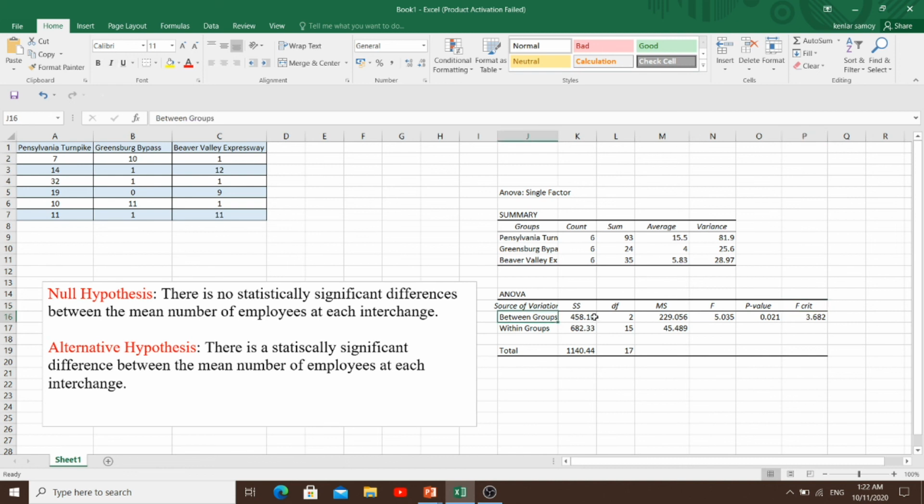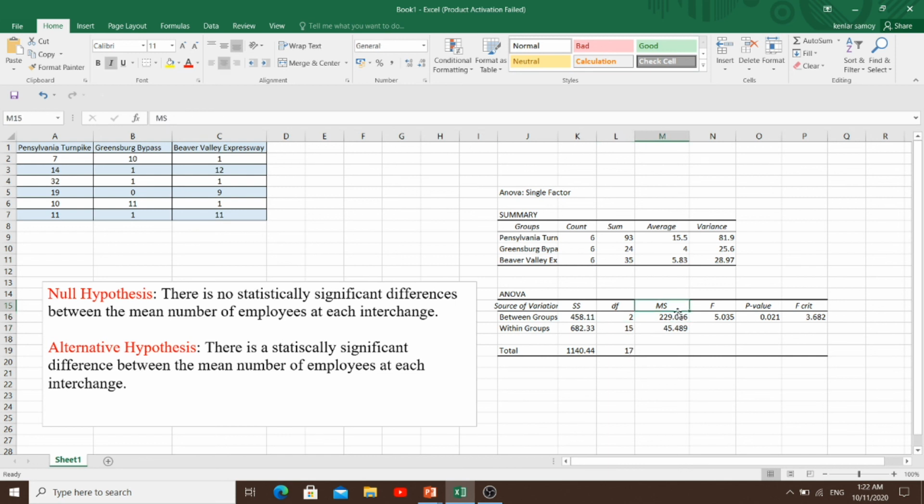For between groups, the sum of squares is 458.11. Jerome showed earlier how to compute this manually. Within groups is 682.33 and the total is 1,140.44. The degrees of freedom between groups is 2 and within groups is 15.